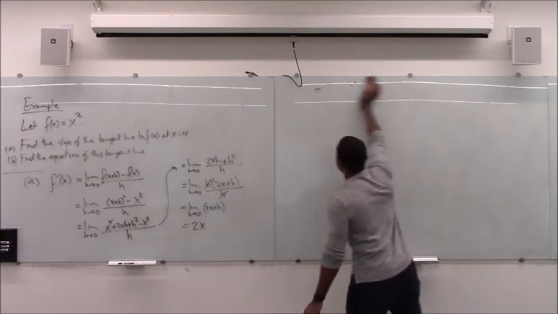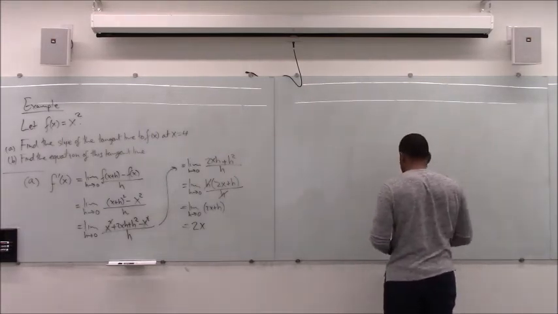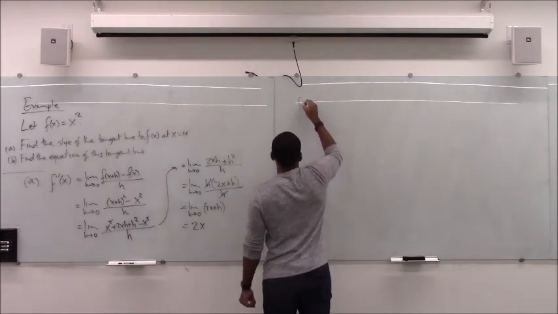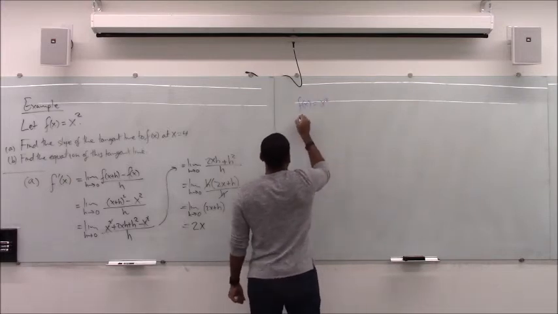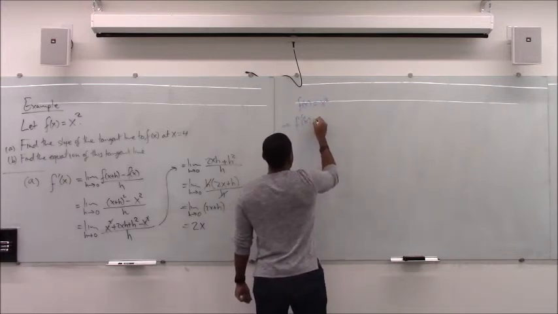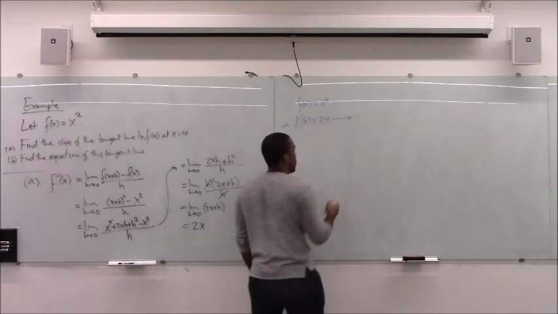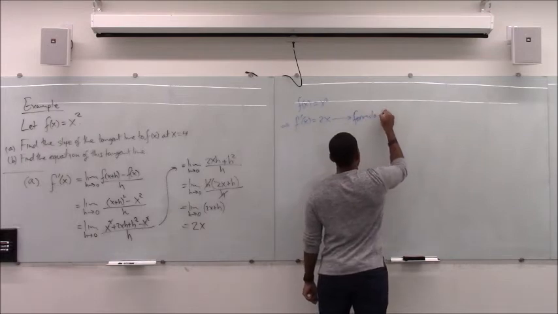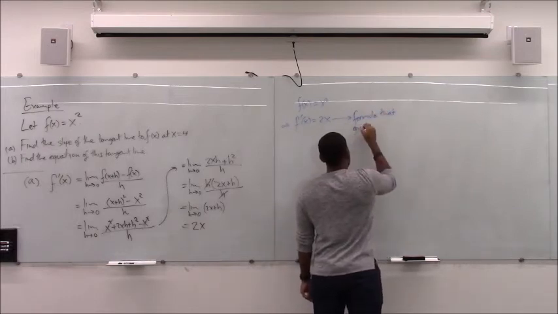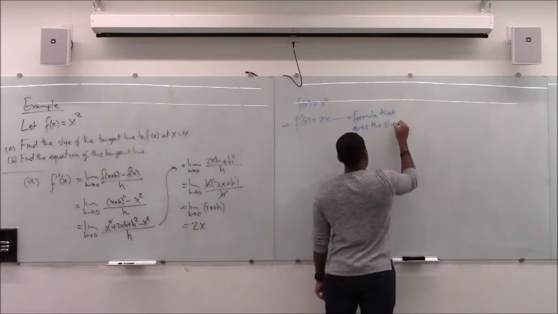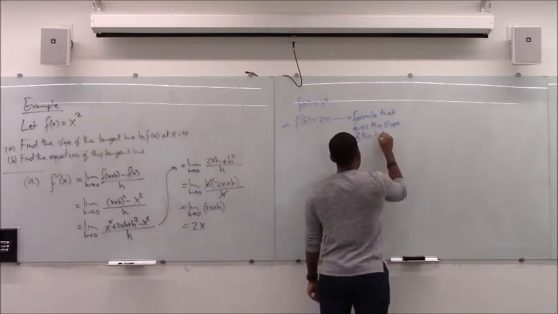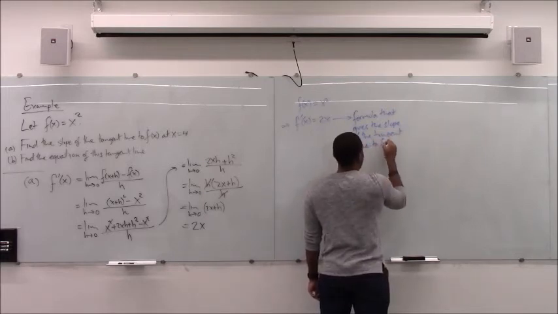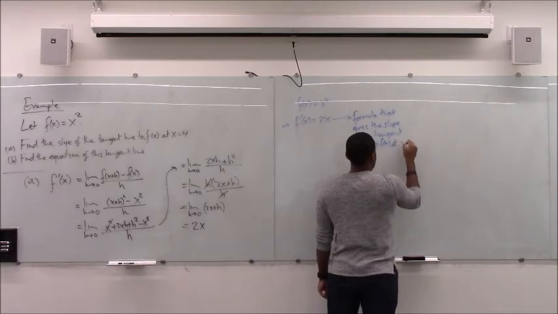Now, something I want you to appreciate about 2x. This is not a part of the problem, but when f of x equals x squared and you say f prime of x equals 2x, what are you saying? I want you to realize that 2x is a formula that gives the slope of the tangent line to f of x at any x value.